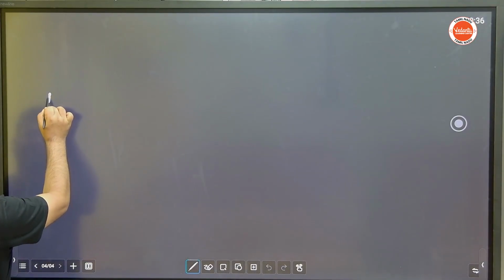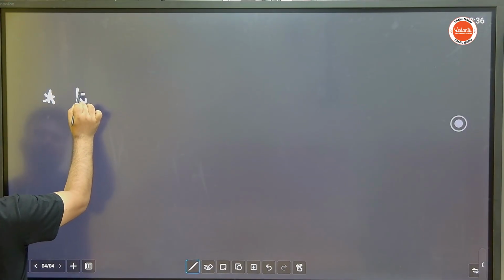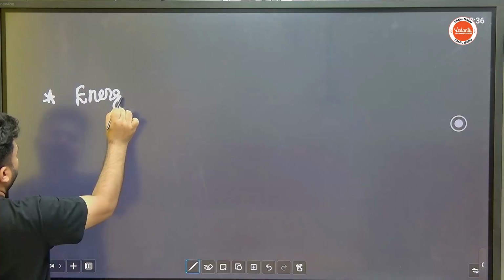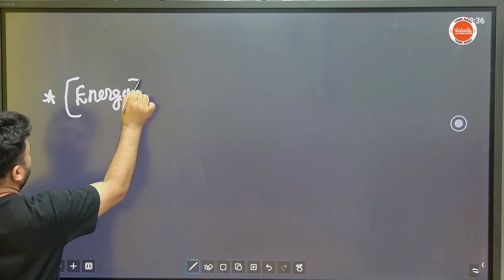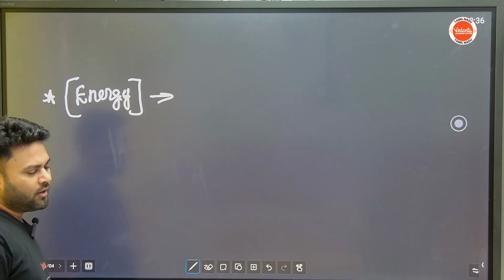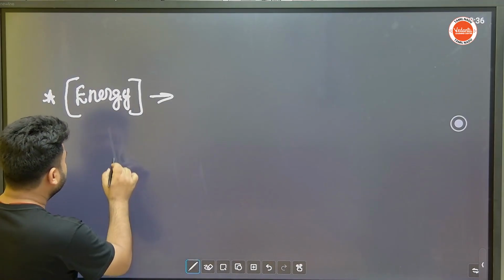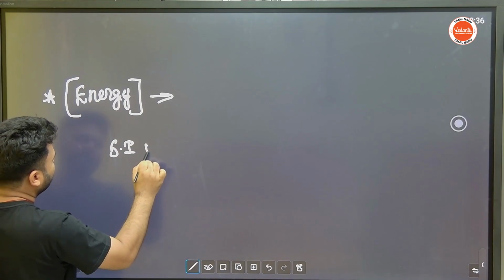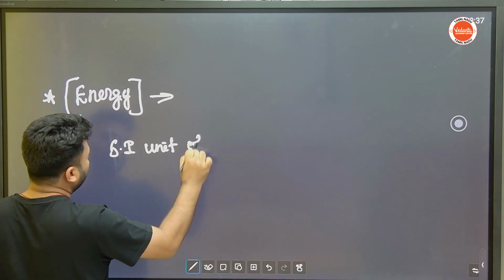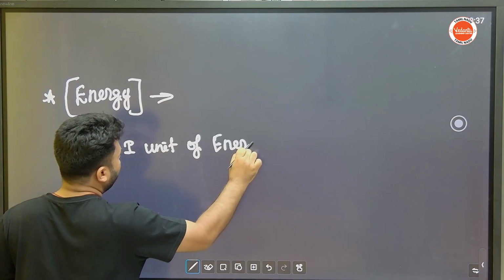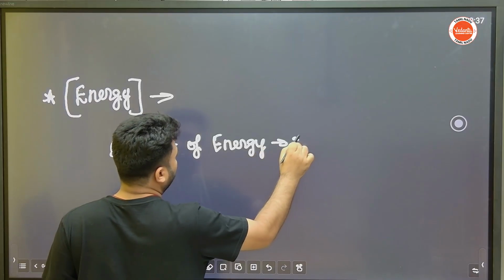Now suppose someone asks what is the dimension of energy. If I ask you what is the SI unit of energy? This is joule.